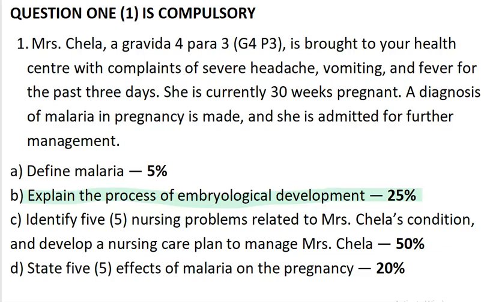But it's best to introduce your essay with a brief introduction, which in this case will be just the definition of embryological development, mentioning that it occurs in a series of well-organized stages.